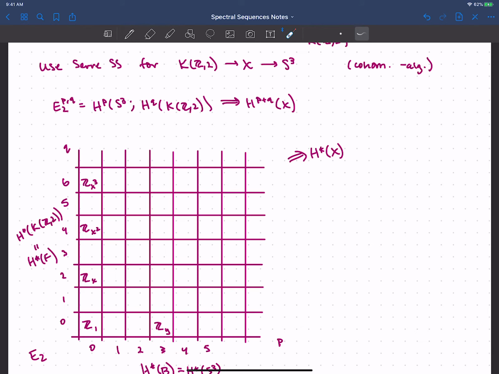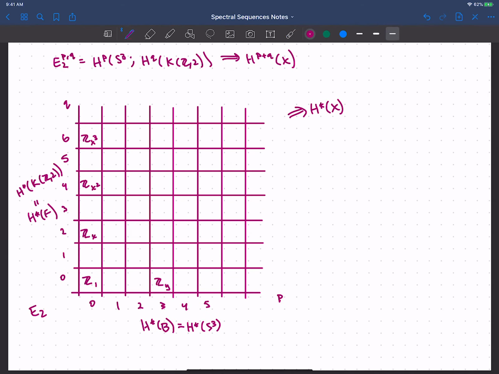And so on the E2 page, I have this tensor product. And so here I've got Z, and I could call that generator x tensor y. I'll just write xy. Here I've got x squared y, x cubed y, and now truly everything else that we can see here on this page is just 0.